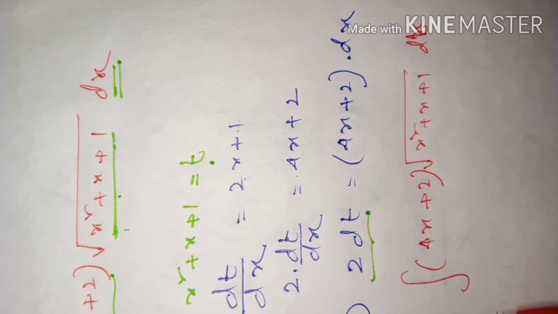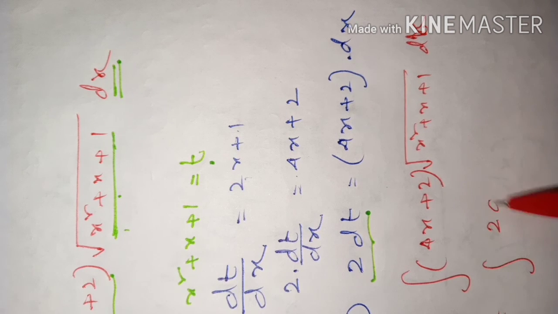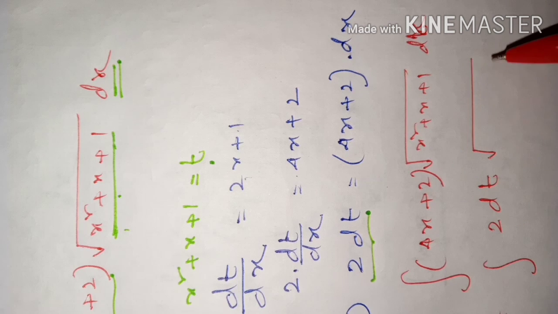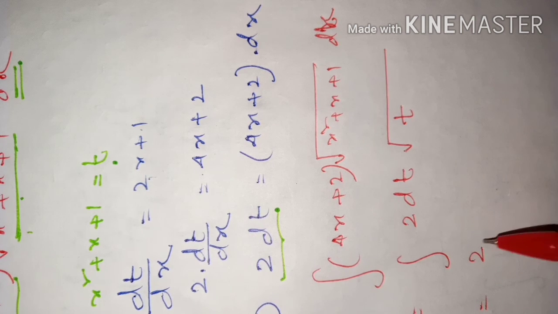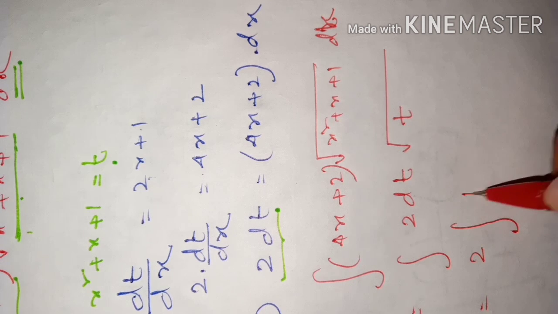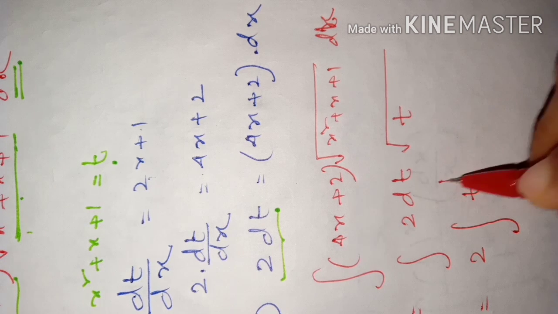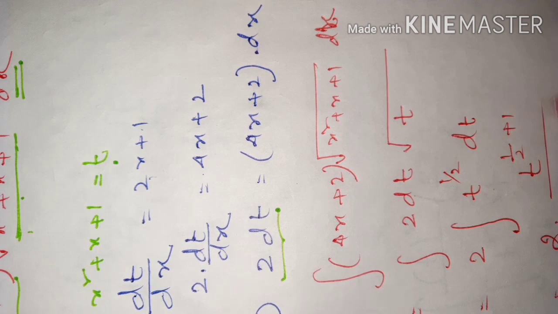It will now be the integral of 2 into dt, with under root x square plus x plus 1 as root t. Here 2 is a constant, then root t means t to the power of half dt. Take the antiderivative by our formula: 2 into t to the power of half plus 1 divided by half plus 1, plus c.